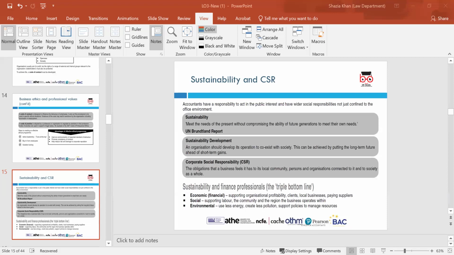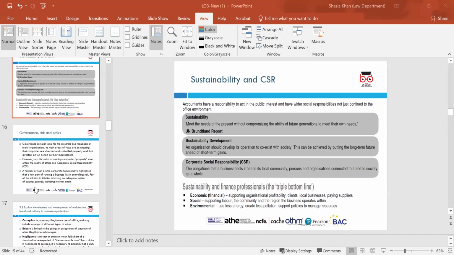So sustainability is really important within a company, and CSR and sustainability overlap and work together. Companies can demonstrate their commitment to sustainable business practices by using CSR, corporate social responsibility.